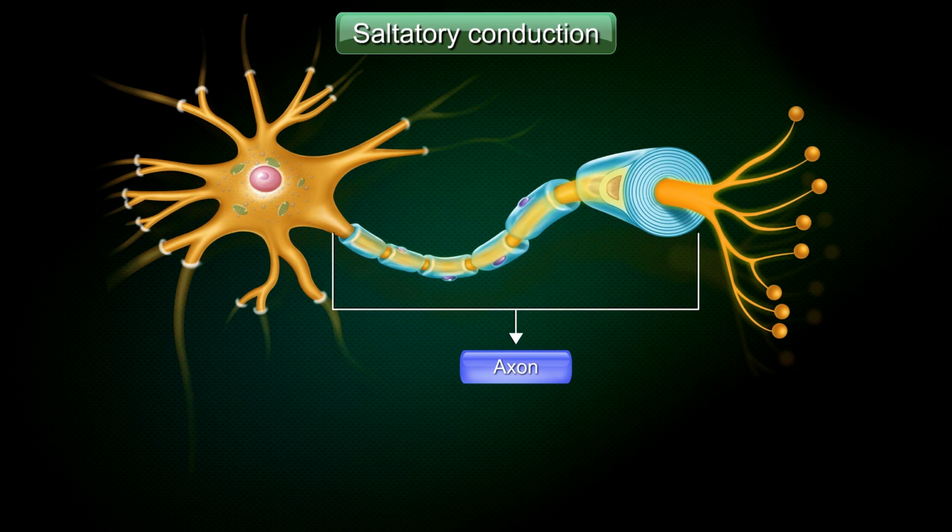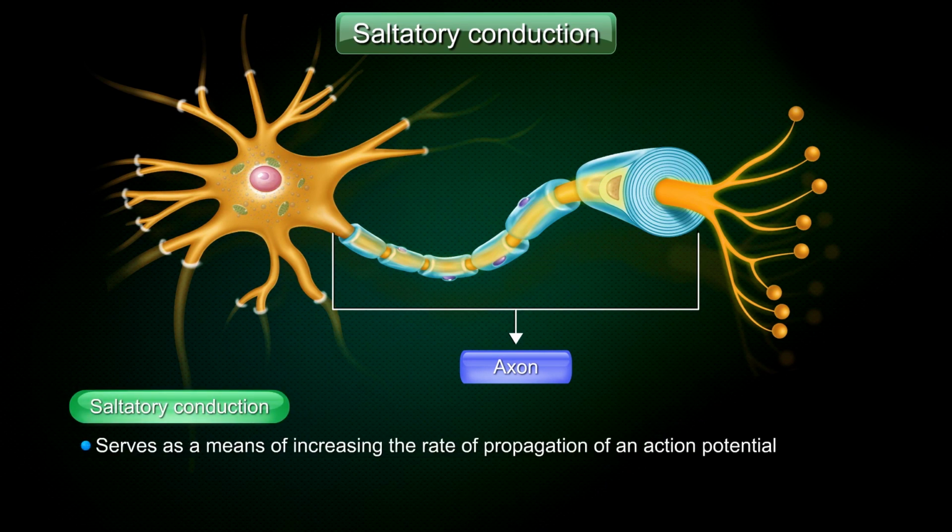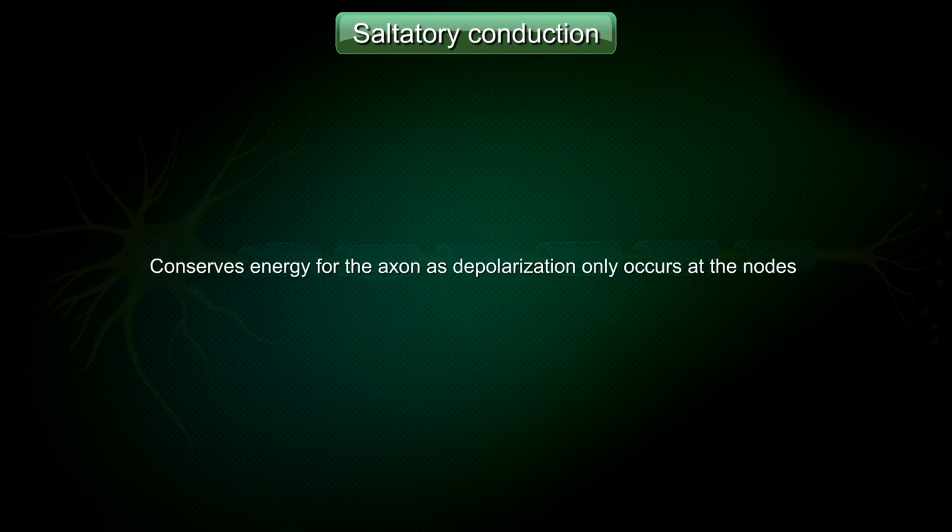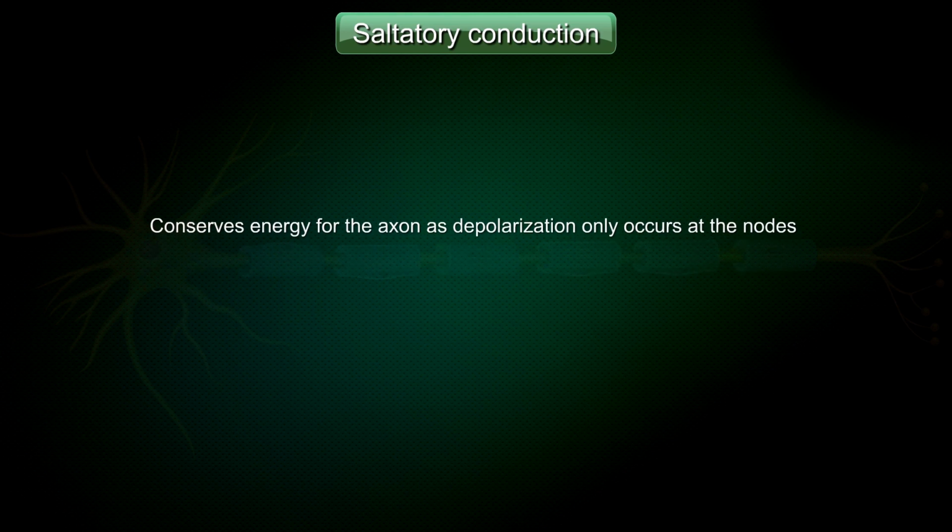and this phenomenon is known as saltatory conduction, and it serves as a means of increasing the rate of propagation of an action potential. Not only does saltatory conduction increase the speed of impulse transmission by causing the depolarization process to jump from one node to the next, it also conserves energy for the axon as depolarization only occurs at the nodes and not along the whole length of the nerve fiber as in unmyelinated fibers.